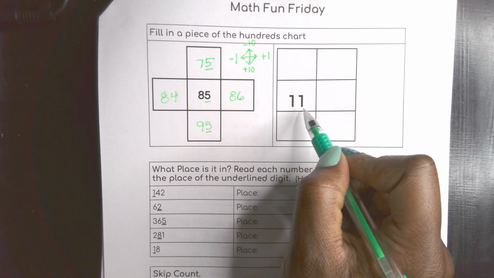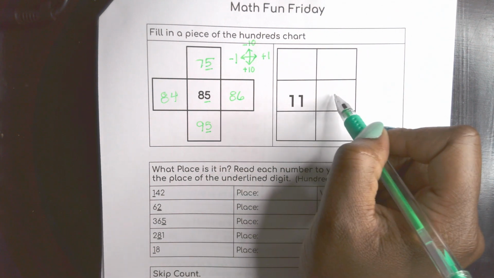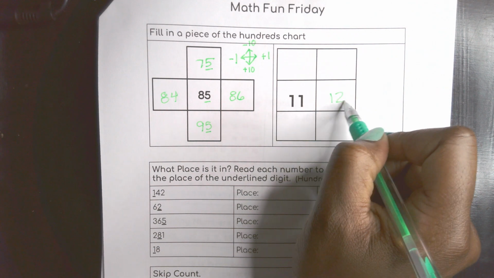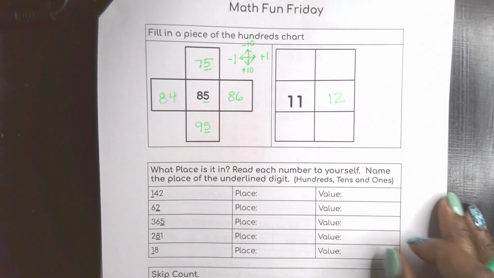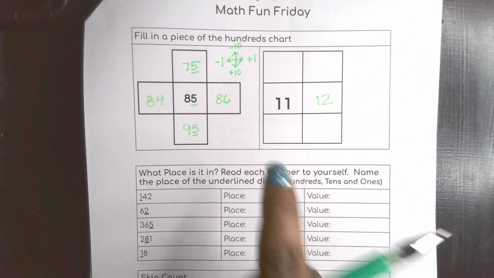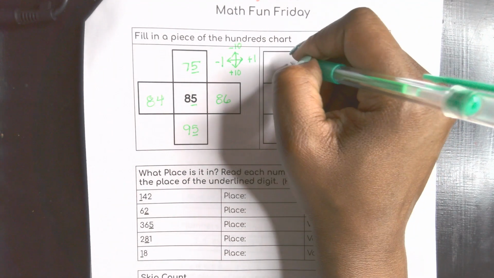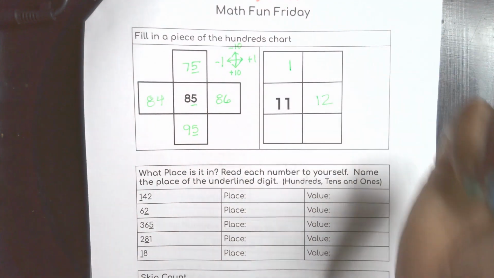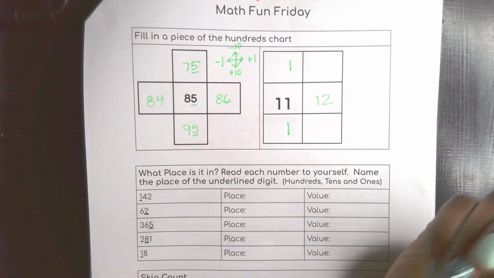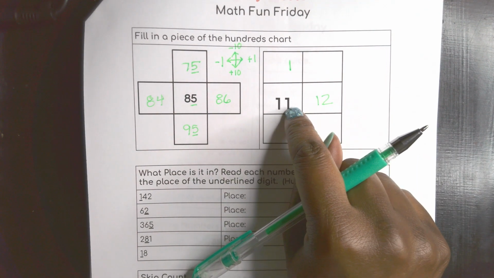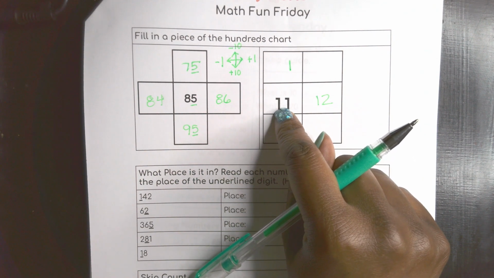Here we have 11. We know beside 11 would be 12 because I'm adding 1. Now I'm changing the tens place. So the 1 is going to be the same, and the 1 is going to be the same. Now if I subtract 1 from my 10 here, it's just going to be 1.